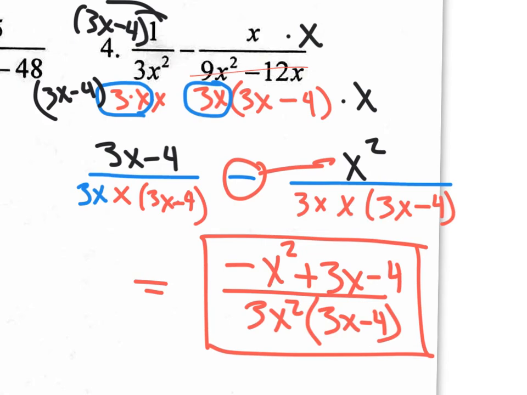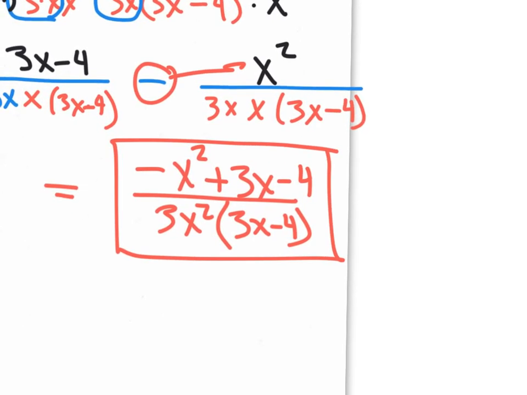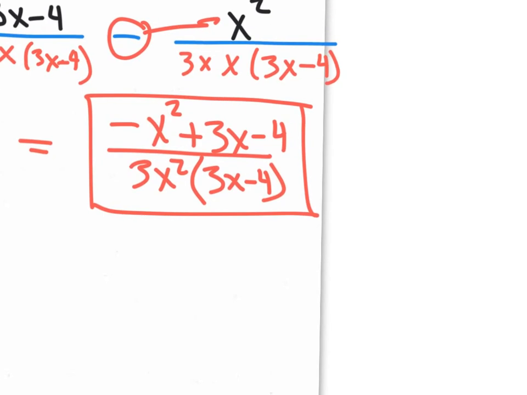Now, yes, you are supposed to try and continue factoring. Now, what do I mean by that? If you look at the top part of your answer, you might think, well, maybe if I pull out a -1, maybe I'll have an x squared minus 3x plus 4, and maybe I could continue factoring.